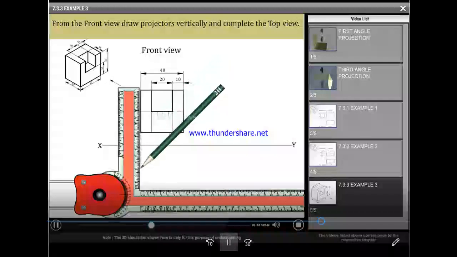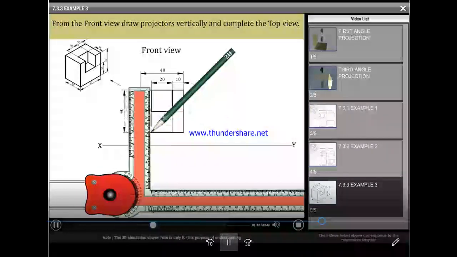And from the front view, draw the projectors vertically and complete the top view.